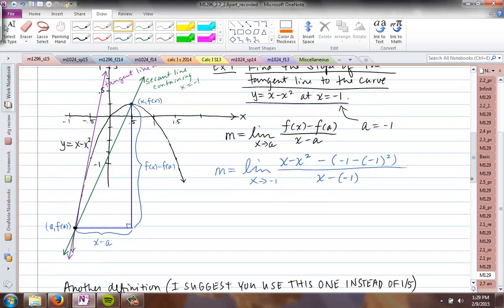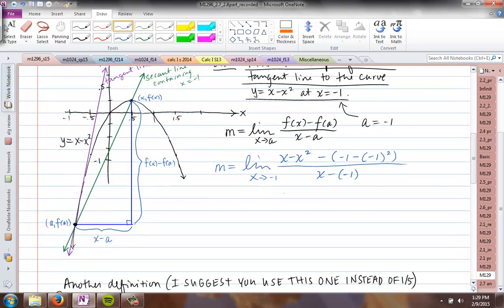So the first step, after plugging in your a and your f of x, is to simplify a bit, or find f of -1. What I have here is x minus x squared, and then finding this quantity, I get plus 2, and this is all over x plus 1.